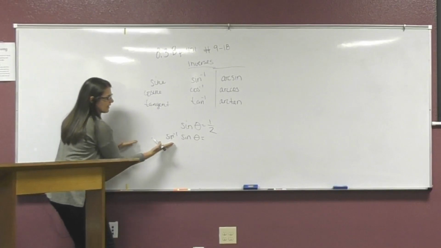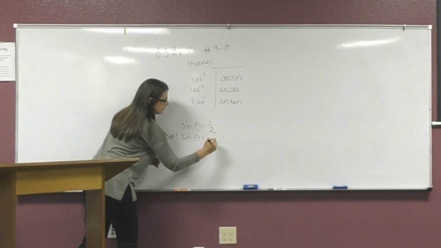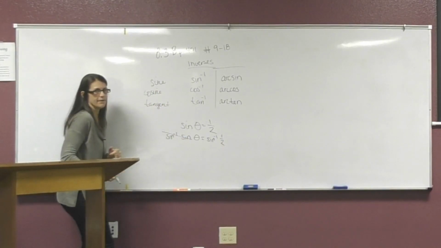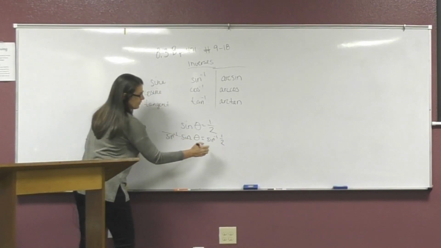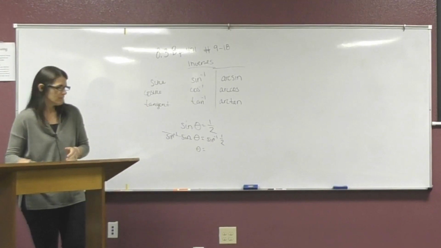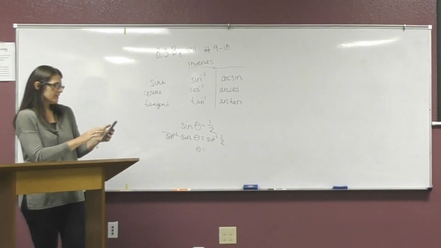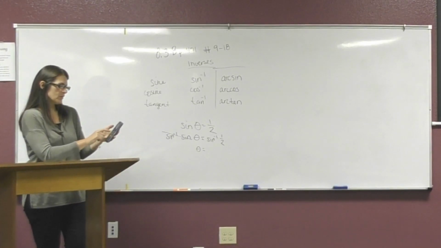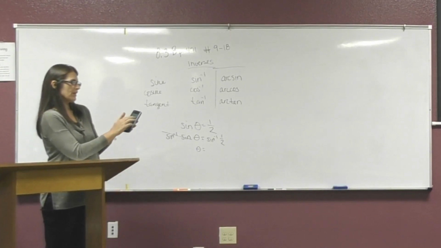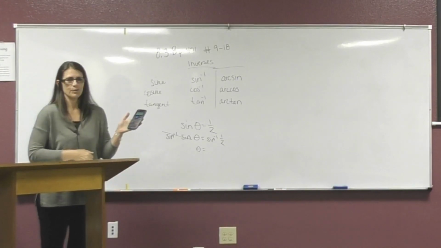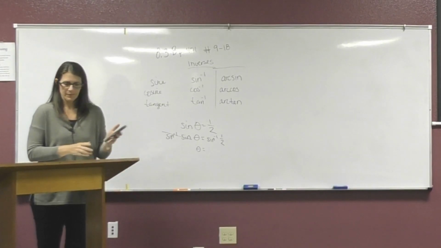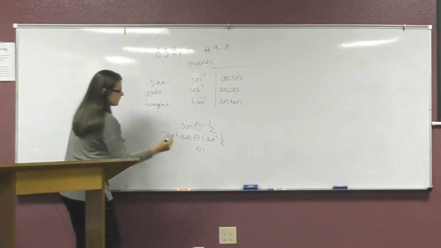And what I do to this side, I do to this side. This undoes that, isolating that angle. And so then you just punch that into your calculator. I would hit shift, sine, and then punch in that fraction 1/2. If you want to, you can move your cursor out of the denominator and close your parentheses, but I don't think that you have to. All right, so this is 30 degrees.